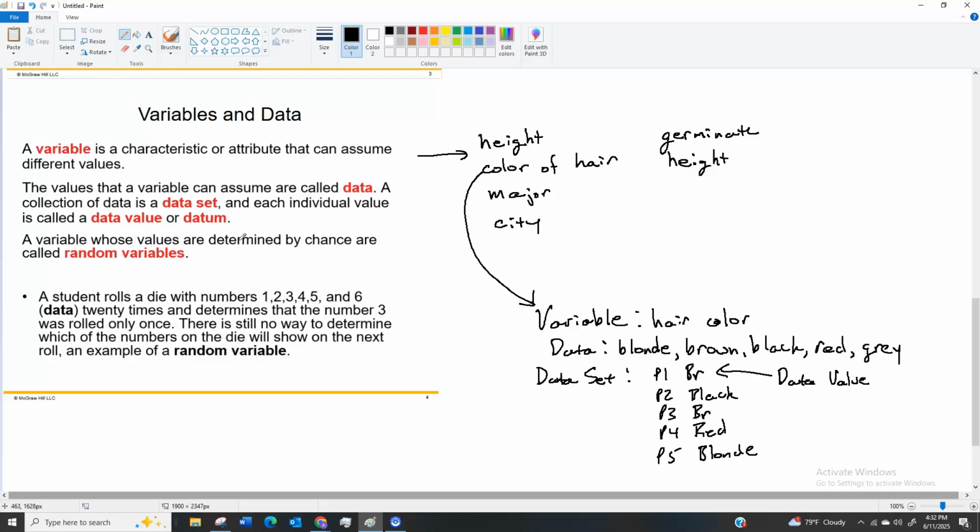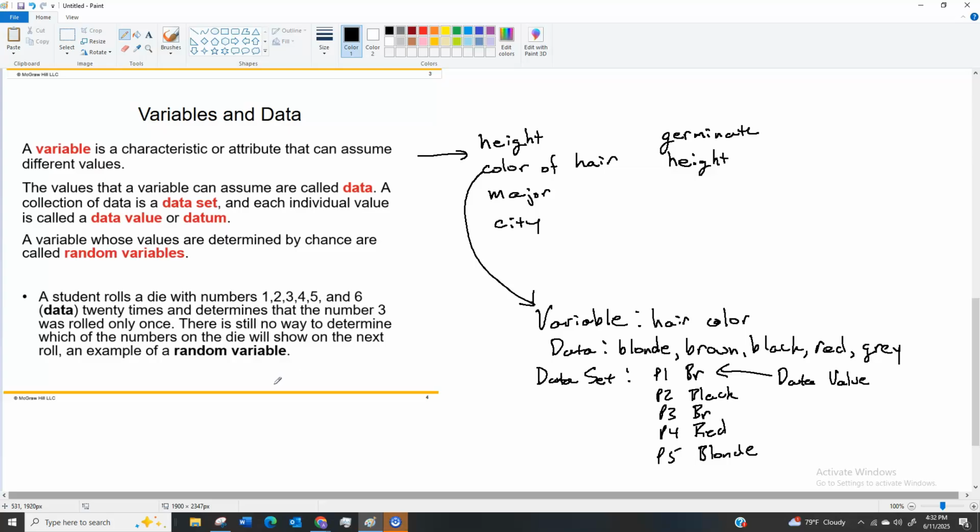A variable whose values are determined by chance are called random variables. So what is a random variable? Well, a random variable is when something can take on any of the values that are data values, and it occurs randomly. So that would be things like rolling a die. This gives the example of rolling a die.